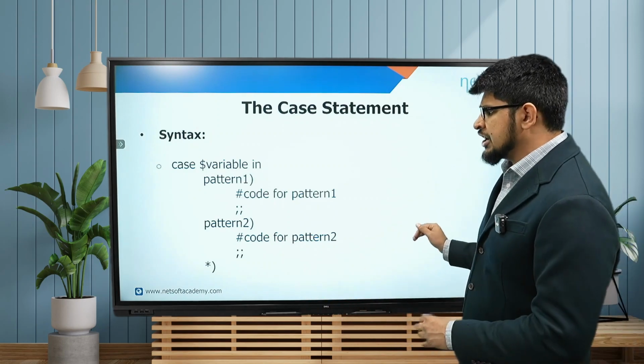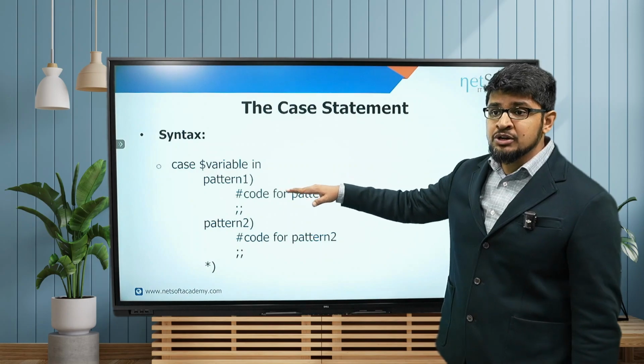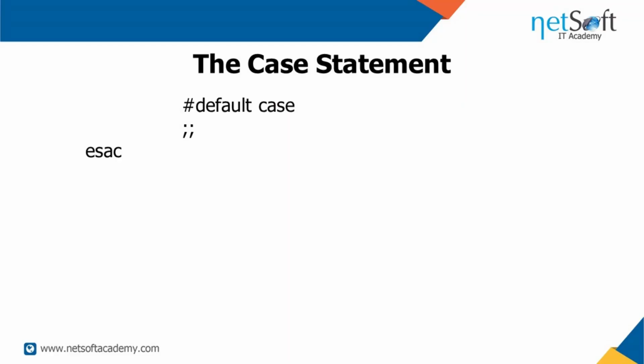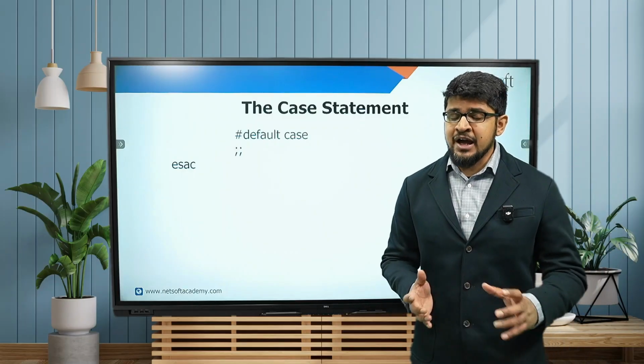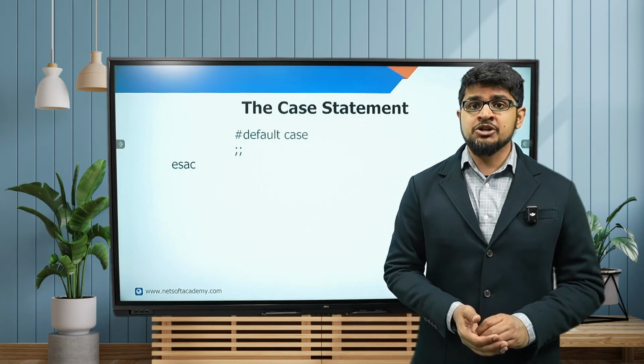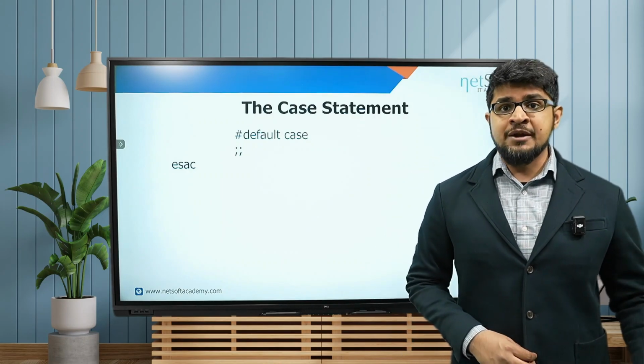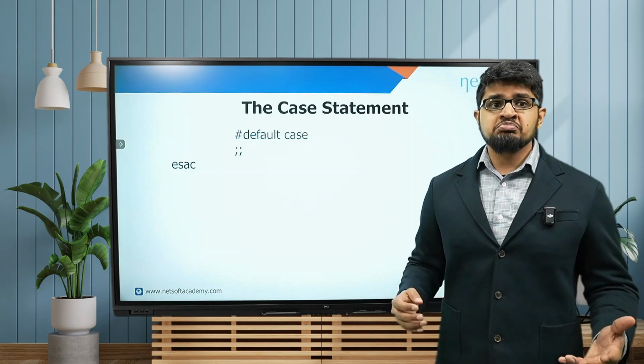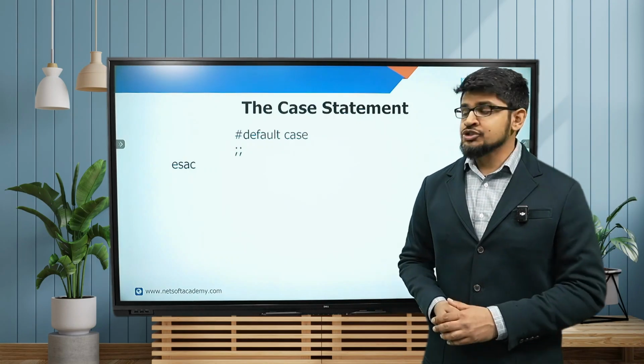So if there's a default case which doesn't fit pattern 1 or pattern 2, then whatever your default case is will be executed. It's a little bit more complex, but has the same function as an if statement. It evaluates a condition, and based on that evaluation, it performs certain actions.